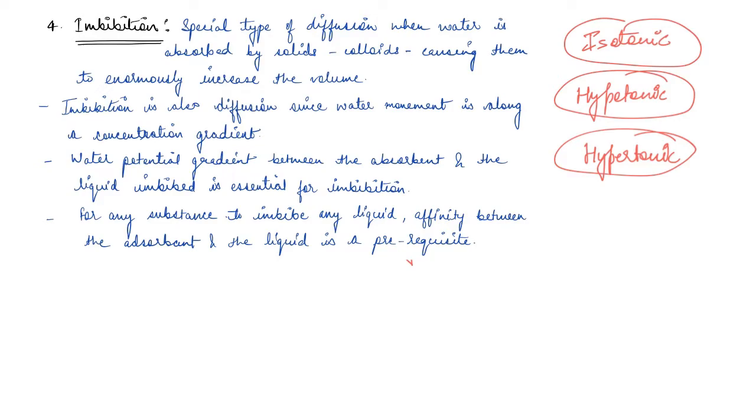So basically, imbibition is diffusion, and here the water potential gradient between the absorbent and the liquid imbibed is essential for imbibition, right? So for any substance to imbibe any liquid, affinity between the adsorbent and the liquid is the prerequisite.